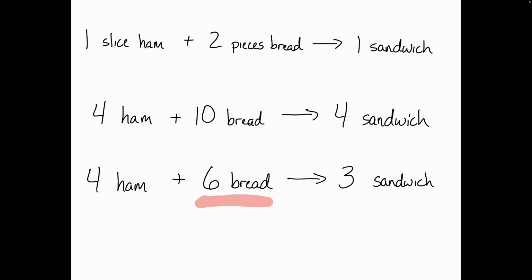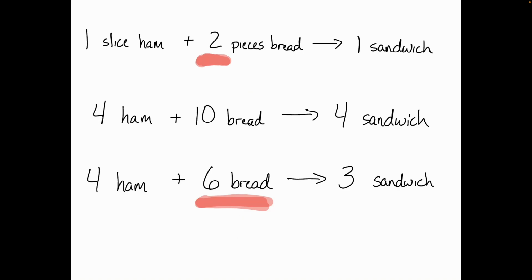So even though I'm starting out with more bread, in my recipe it's a 2 to 1 ratio. So I'm still going to consume that bread before I consume my ham. So we have to account for how much of each starting material we have, but also this stoichiometric ratio in which they're being consumed in our recipe, in our chemical reaction.